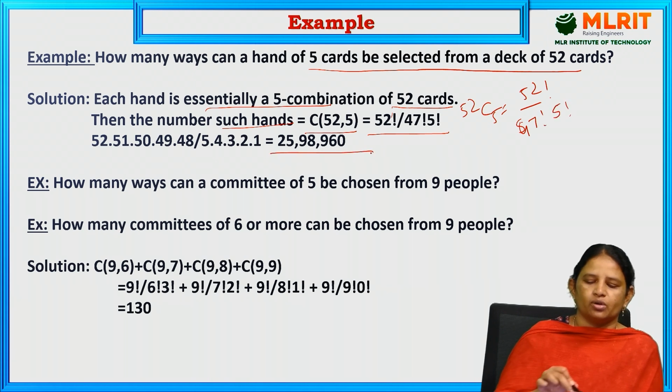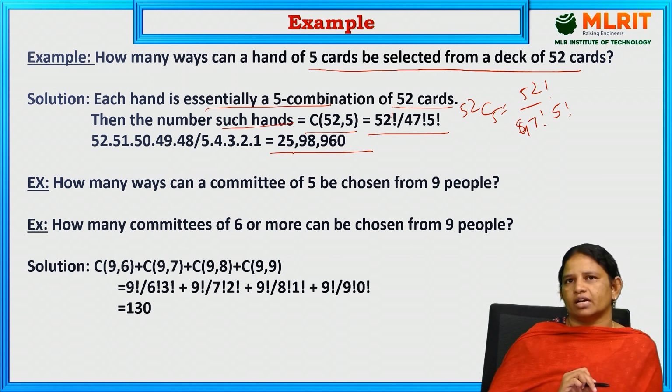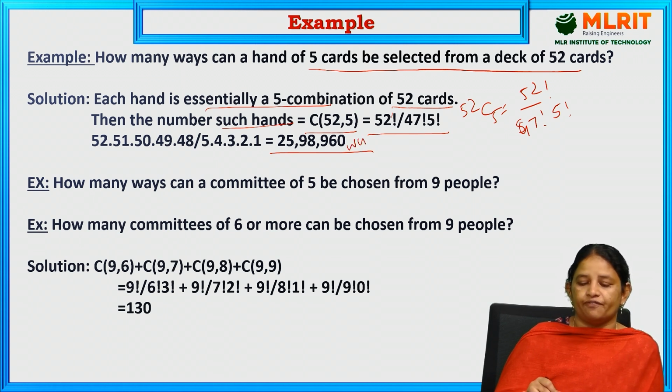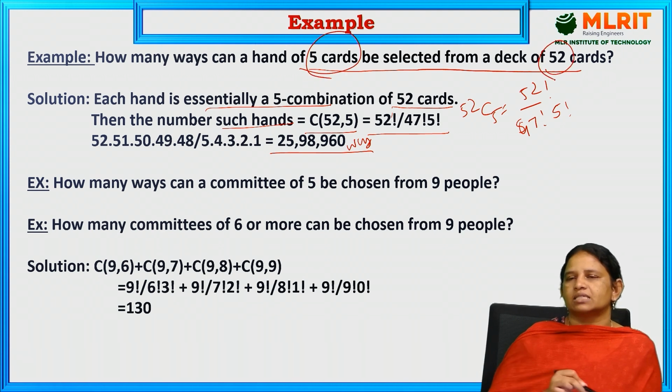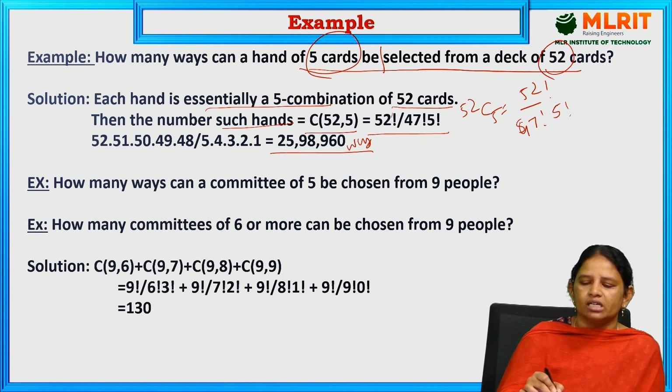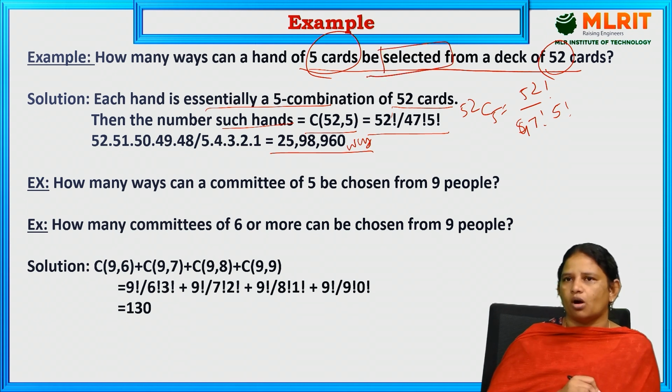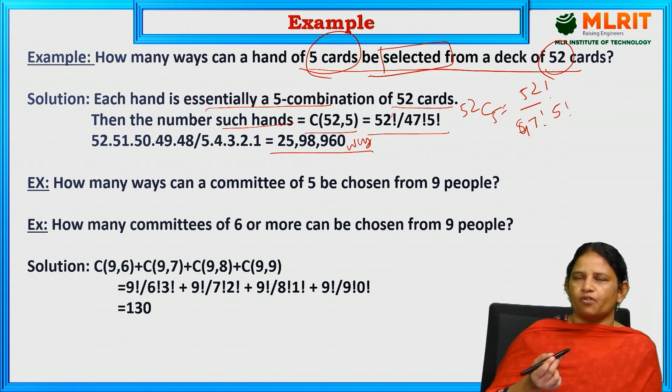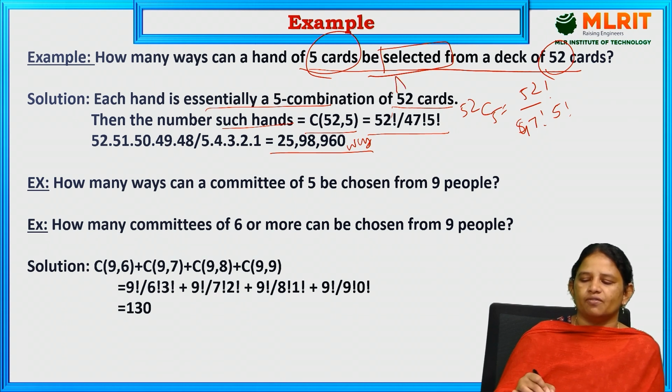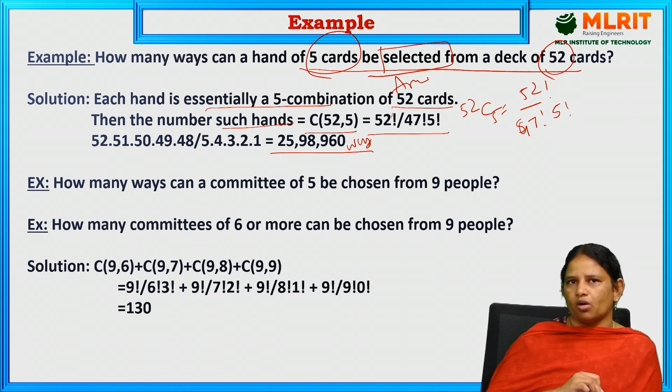We get the value 25,98,960 ways we can choose 5 cards from 52 cards. The word selected means use the formula called combination. If the words say arrangement, you can use the formula called permutation.